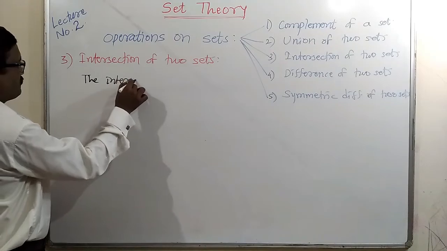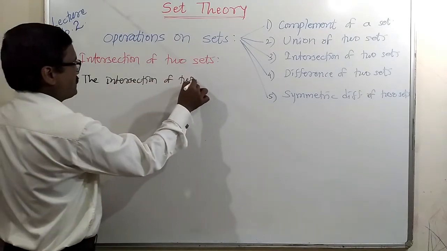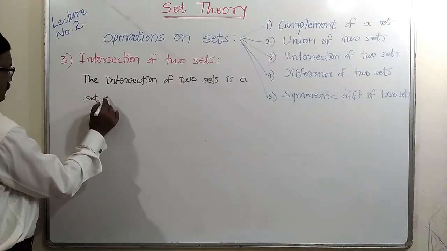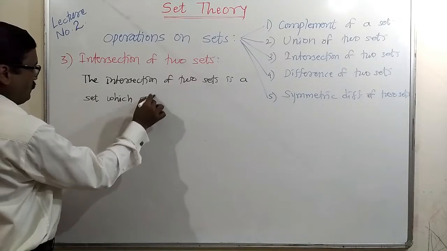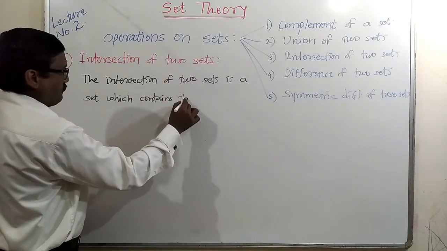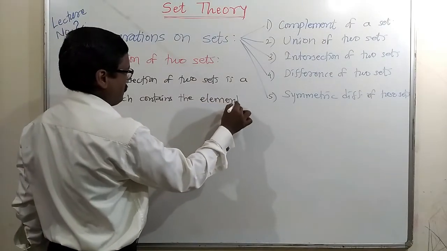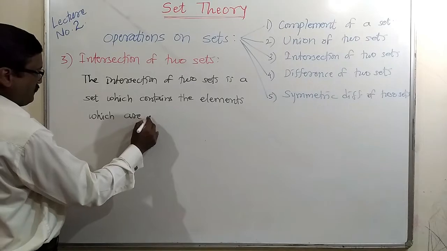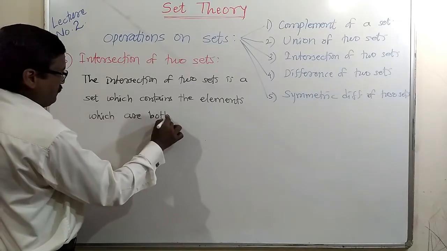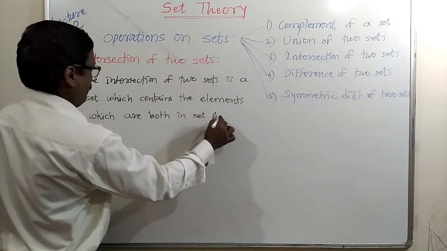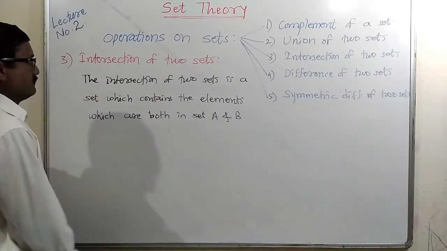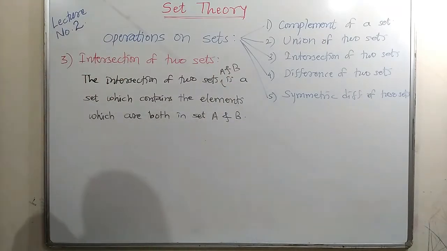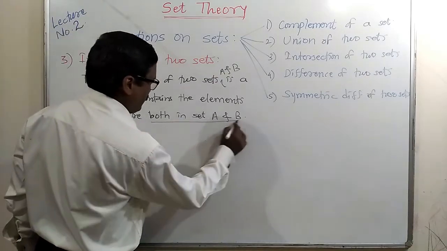The intersection of two sets is a set which contains the elements which are both in set A and B.